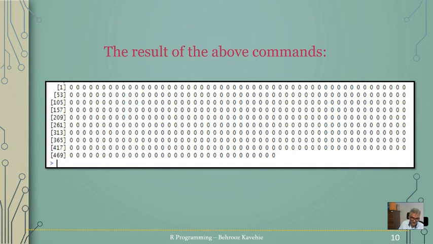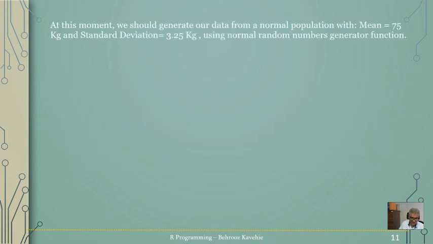Now we have our population, but we don't have actual data inside of it. We were supposed to fill this array with a normal distribution of weights. Now suppose the weight of people in this population is said to have a mean of 75 kilograms and a standard deviation of 3.25 kilograms.